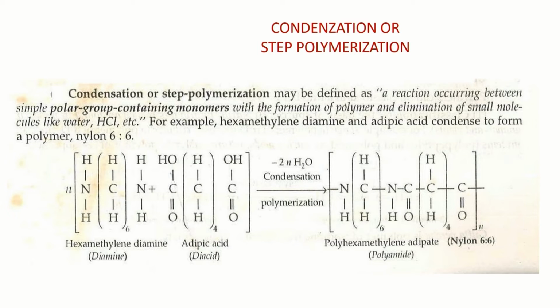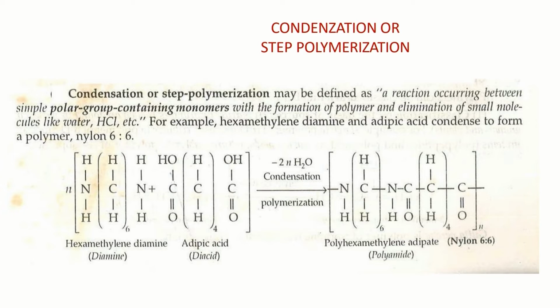The structure of nylon 6,6 is NH(CH2)6NHCO(CH2)4CO, like this. So, this structure is repeated in the structure of the polymer. In this reaction two types of monomer are involved in the polymer reaction, and the byproduct water is formed, and the product is not exactly a multiple of the monomer.